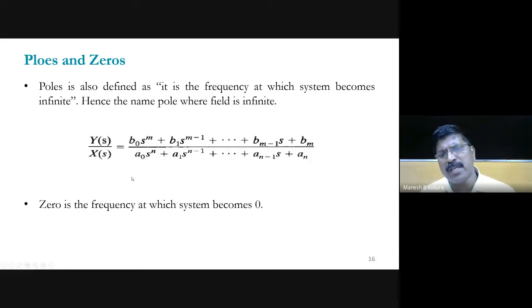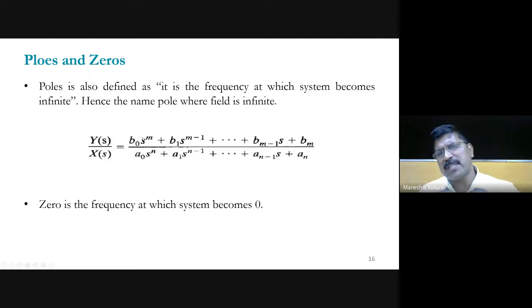If I put s plus a1 equal to 0, the value of s will be equal to minus a1. At that frequency, your system transfer function will become infinity. So a pole is defined as the frequency at which the system becomes infinite, and hence the name pole, where the field is infinite.